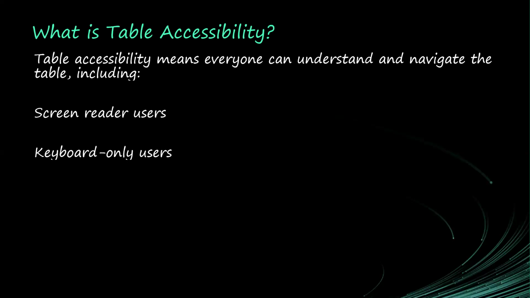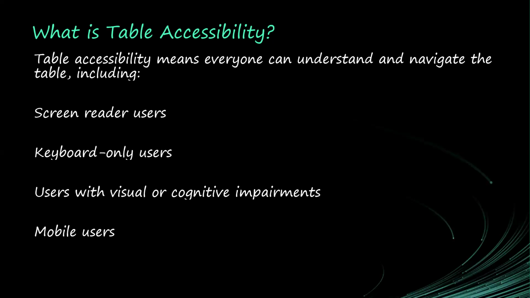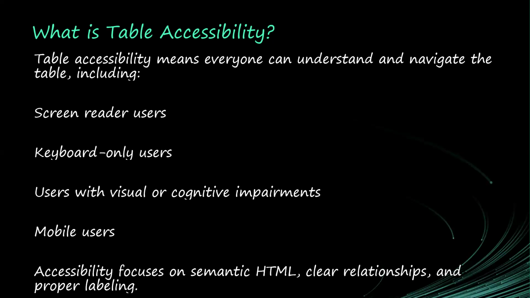Some people use only keyboard to navigate through your website. So those people that are using only keyboard, how are they going to navigate through your website? Is it going to be easy for them? Users with visual or cognitive impairments, okay? So mobile users, how are these people going to use your table? Is your table going to be accessible to all of them?